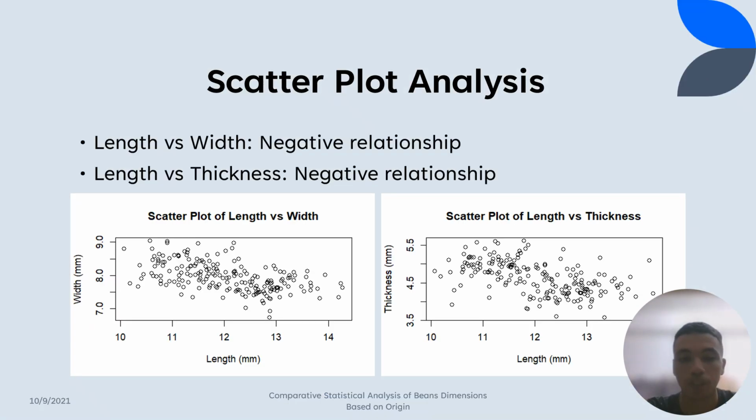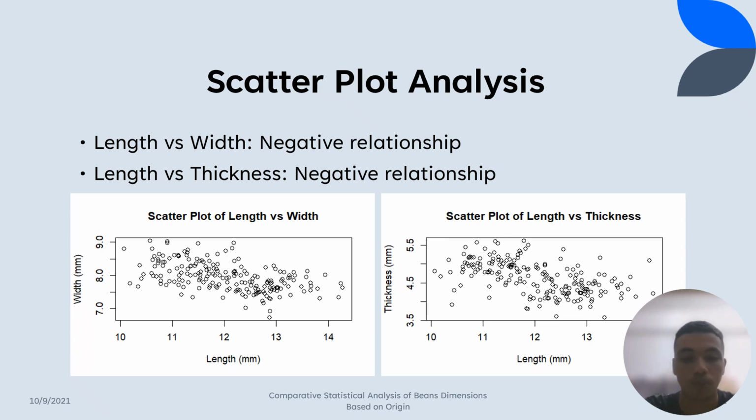So now let's move to the scatter plot analysis. The scatter plots reveal a clear relationship between the variables. As bean length increases, both width and thickness tend to decrease, indicating a negative relationship. This visual pattern suggests that longer beans are generally narrower and thinner as well.